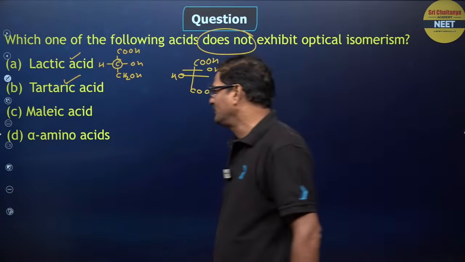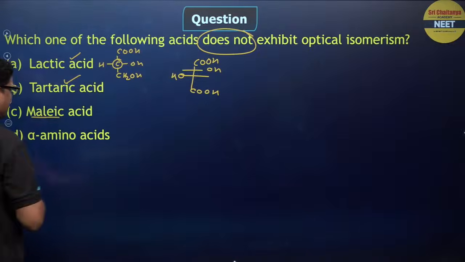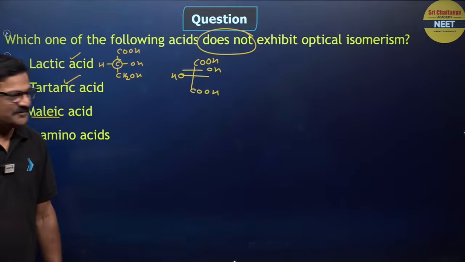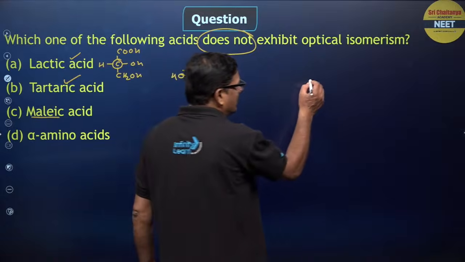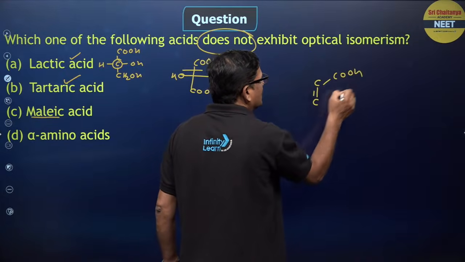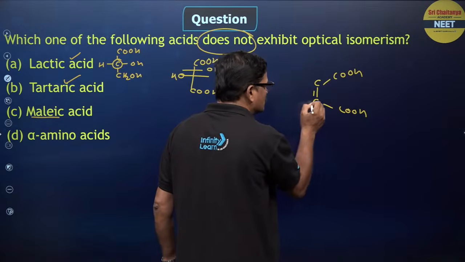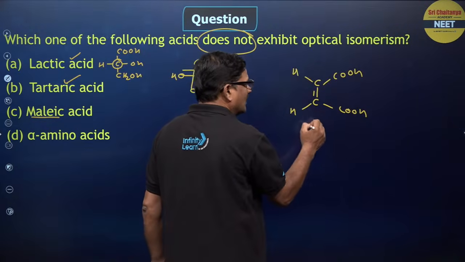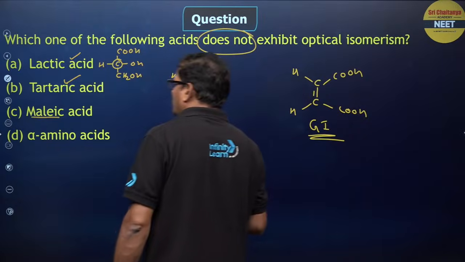And malic acid and fumaric acid show geometrical isomerism. You are going to see the fumaric acid like this, COOH and COOH. It shows geometrical isomerism and does not show optical isomerism.